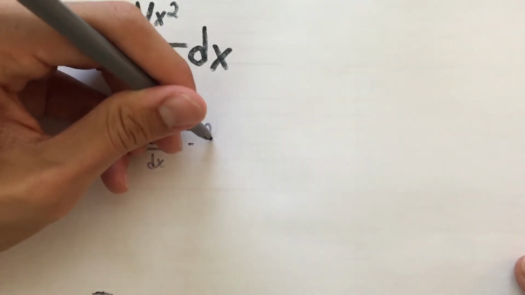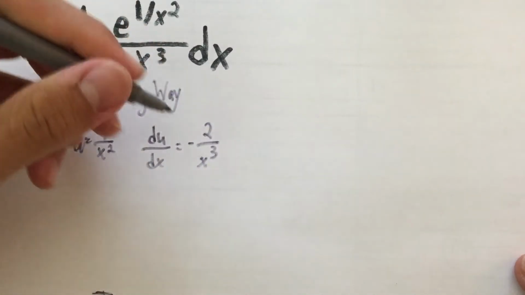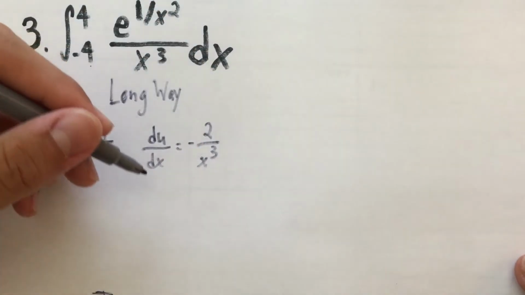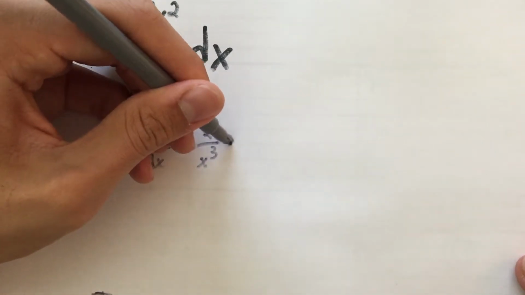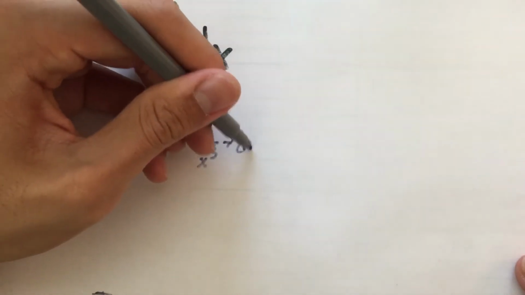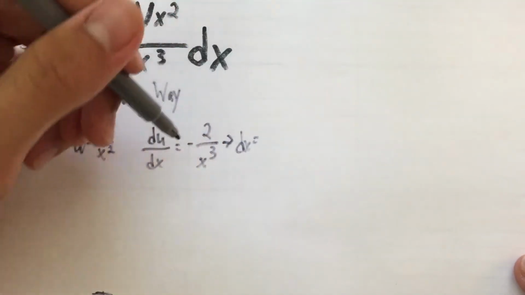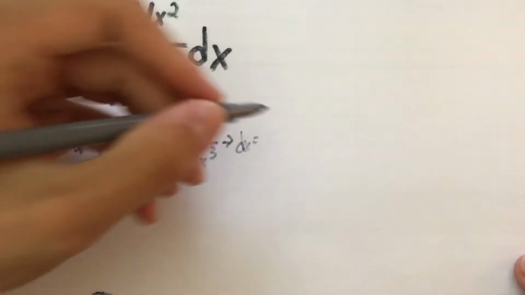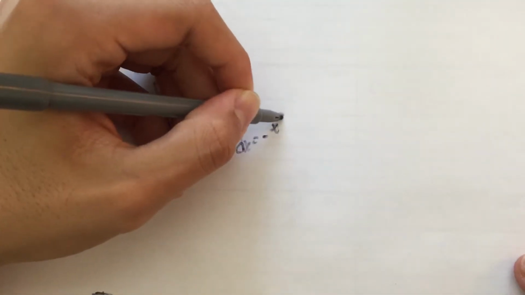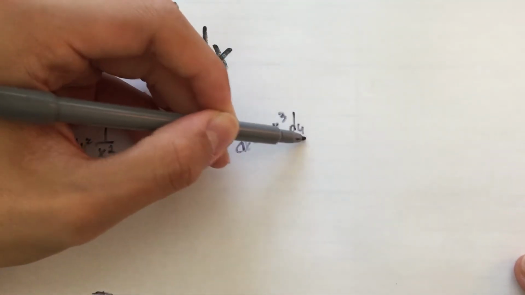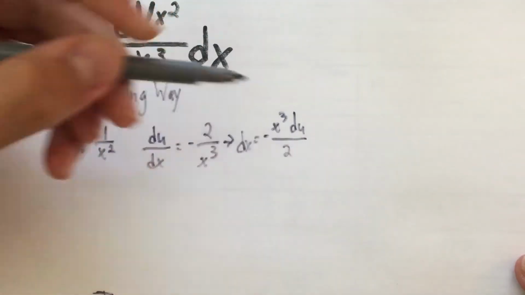In this case, it's -2 over x cubed, and we manipulate it to get that our dx value is equivalent to negative x cubed times du all over 2.